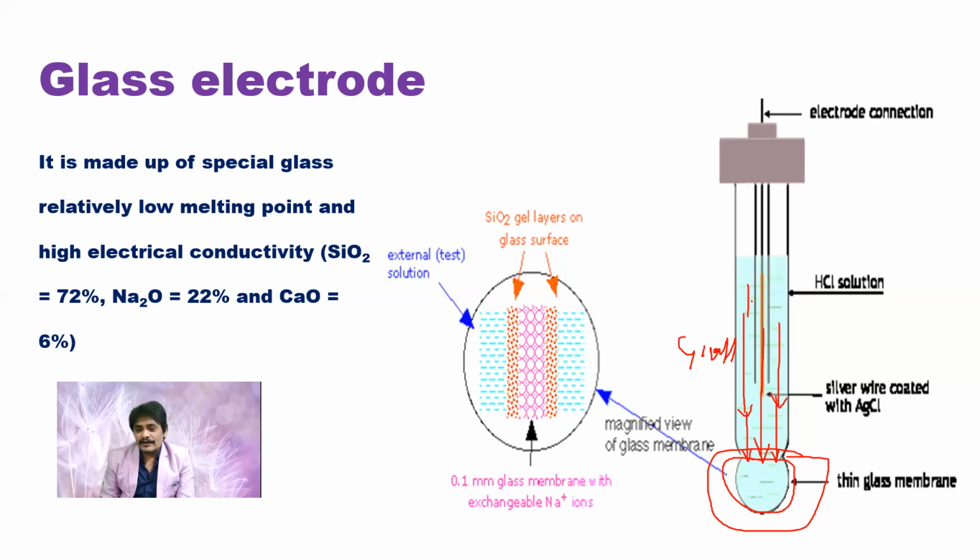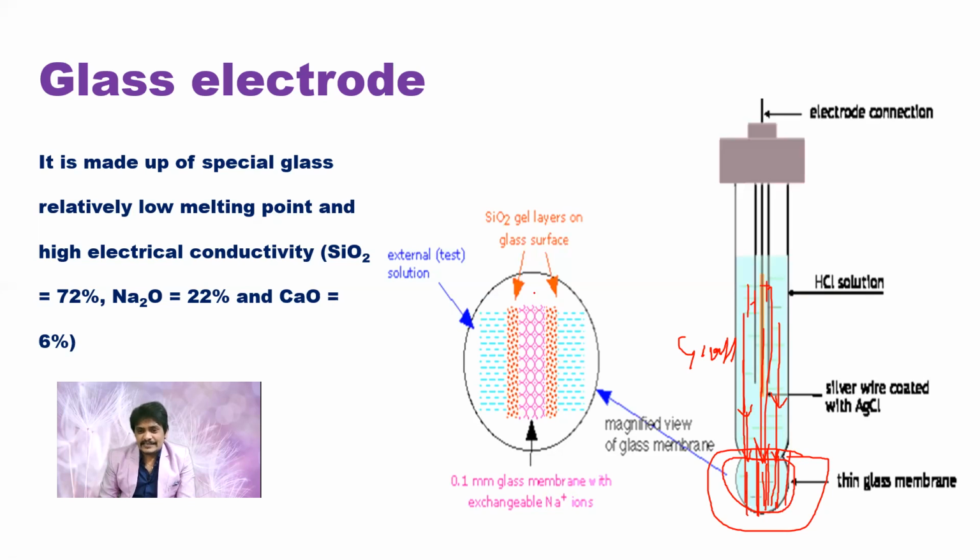Now all the H plus ions will move towards this glass bubble. Now the concentration of H plus ions is increased on the surface of this glass bubble, which is the active part of this glass electrode.